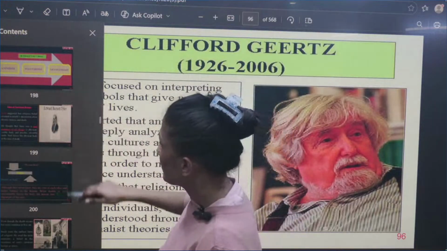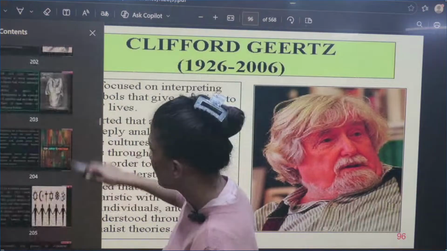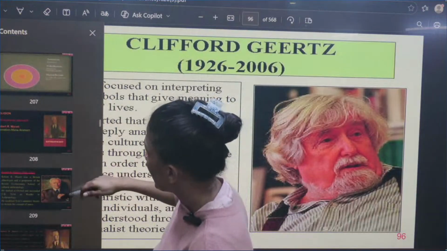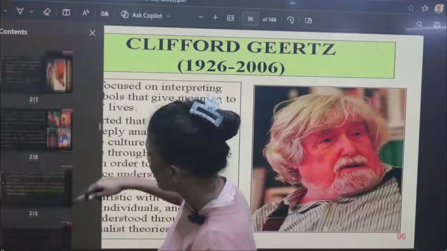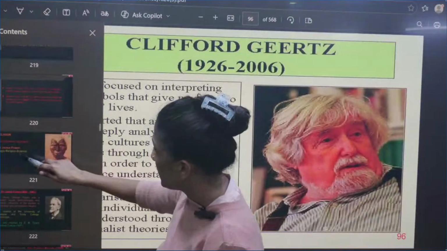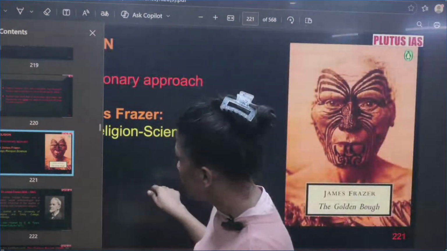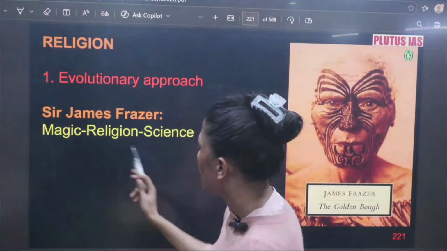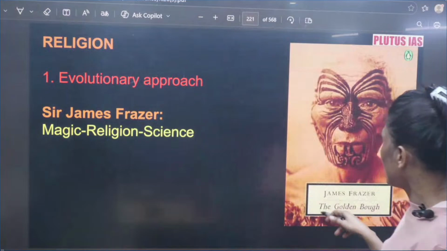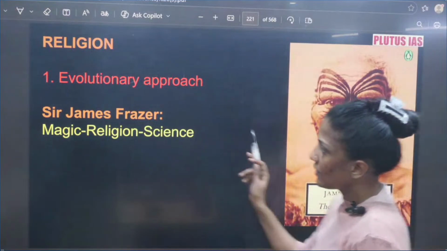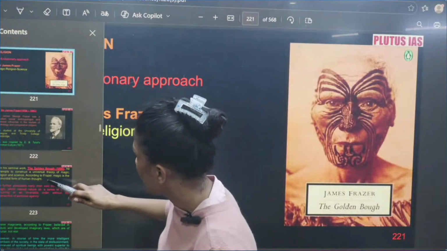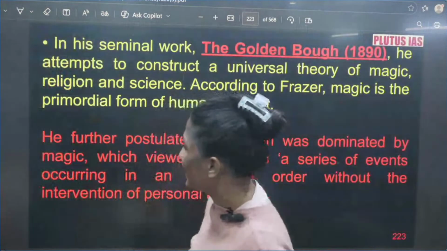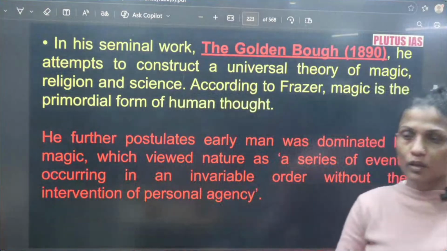So this is what Sir Edward Burnett Tylor said. Don't worry, I would be explaining this. This is the book name, Magic, Religion and Science. The Golden Bough: people can write down, evolutionary one. And for this work, you can write a little bit here.